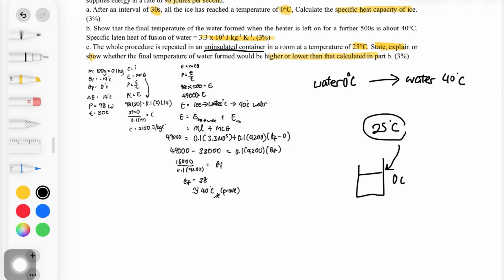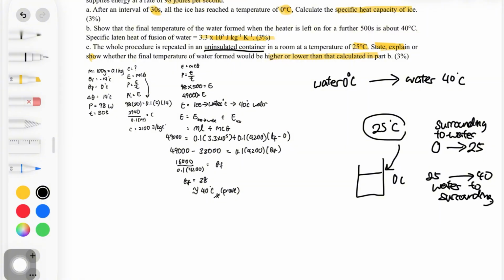So from 0 to 25 degrees Celsius, energy is supplied from the surrounding to the water. And after 25 degrees Celsius towards 40 degrees Celsius, the water supplies energy to the surrounding.